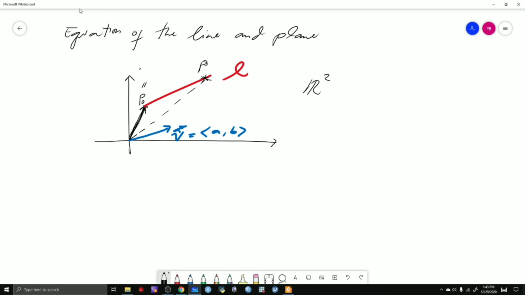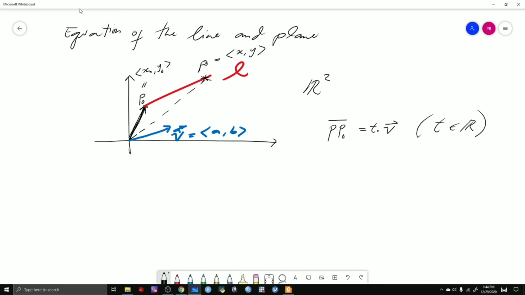P sub 0 can also be written as (x0, y0) and P be (x, y). So from this figure, we know that P minus P0 is equal to V times a constant t, where t is an element of R.